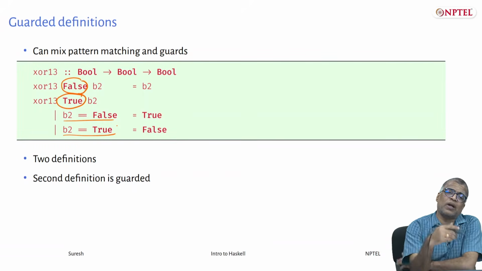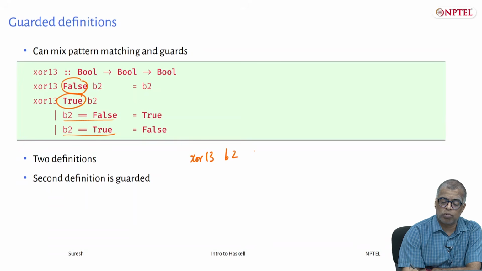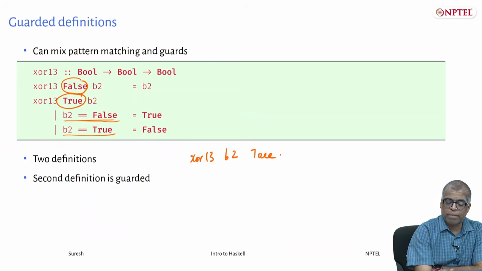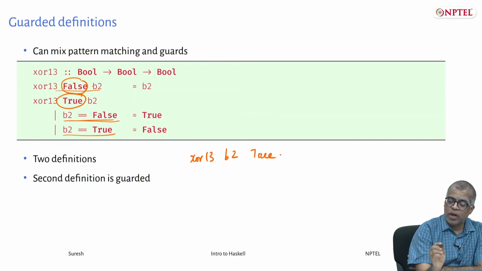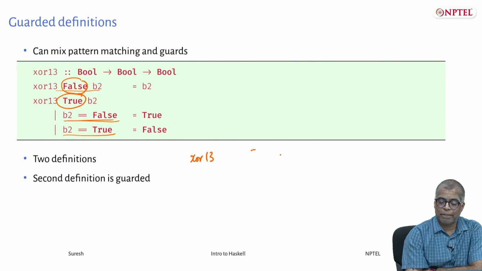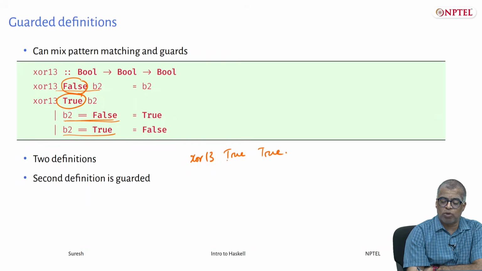So if I provide an argument, let's say XOR 13 true B2 true, then it will first check this definition. It will first check against XOR 13 false B2 equals B2. That won't apply because true is not equal to false.